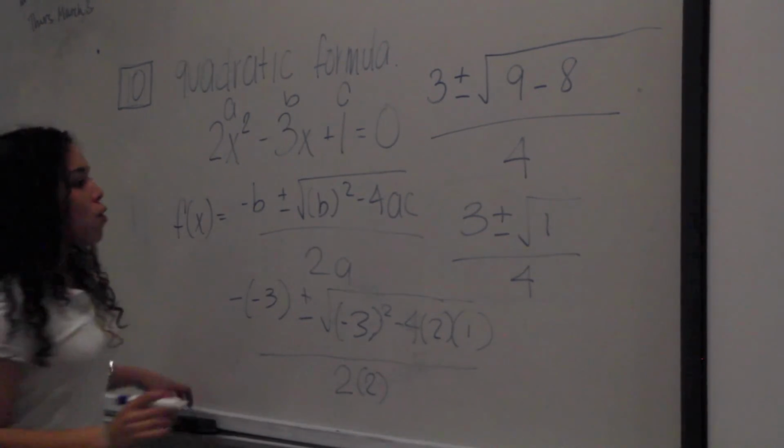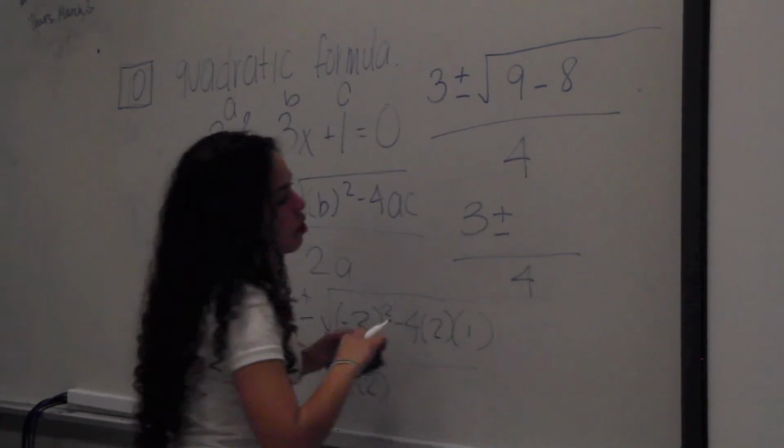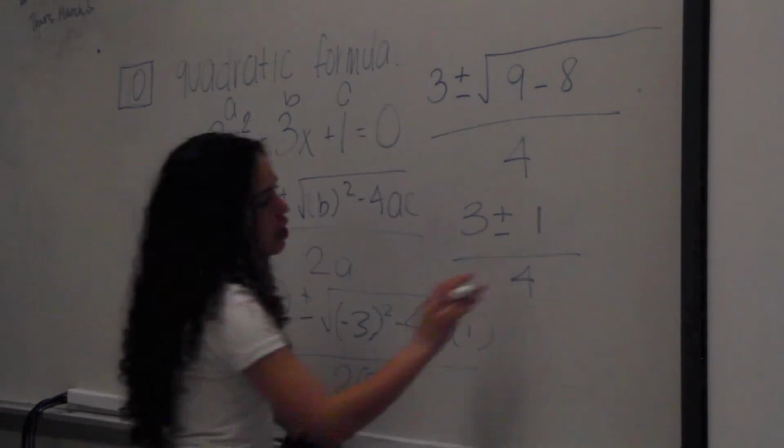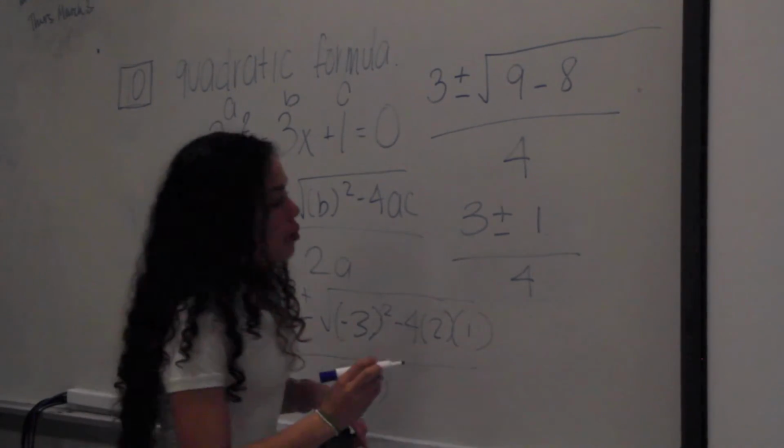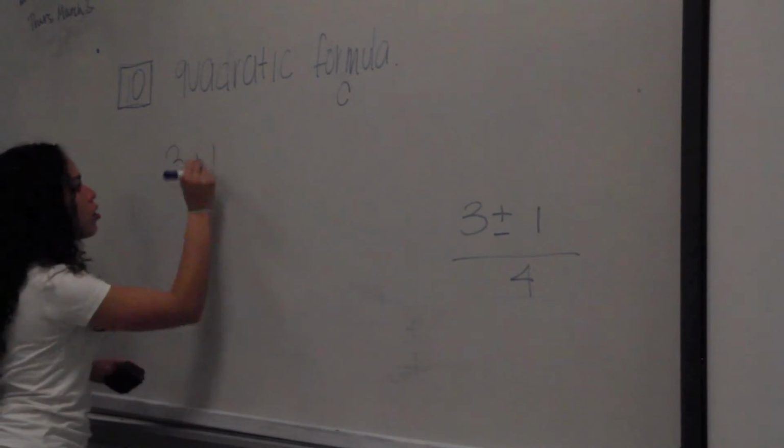And so the radical of 1 is just 1, and you're going to add. So we're going to rewrite this twice. It'll be 3 plus 1 and then 3 minus 1.